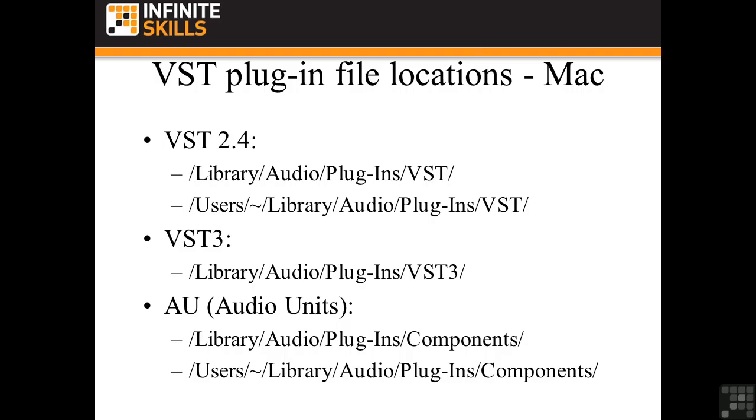You need to put your VST plugins in folders that Audition can track down. I mean, it's not absolutely necessary when it's VST 2.4, but it is necessary for VST 3. And so these are the folder locations on a Mac, and I'll show you folder locations for Windows in just a second. On a Mac side, the default folder location for VST 2.4 is here.